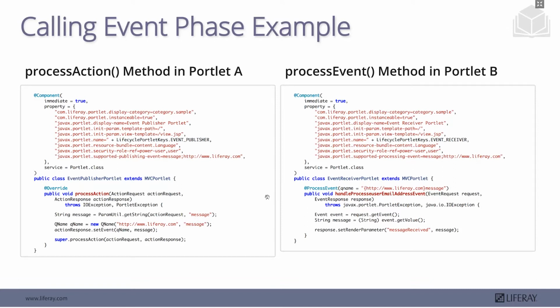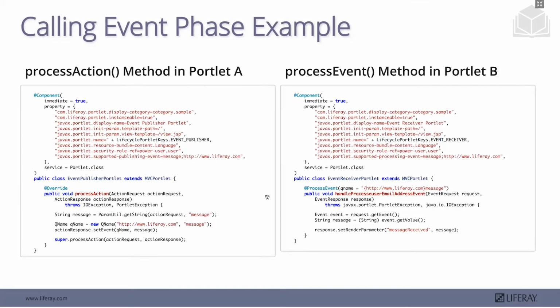So let's take a look at how the event phase gets called. In this example, we'll start off with portlet A on the left-hand side. Portlet A is the one who is publishing the event, or setting the event, or producing the event. We can see over on the last line within the property element of the component that this portlet is the one who is publishing the event called www.liferay.com.